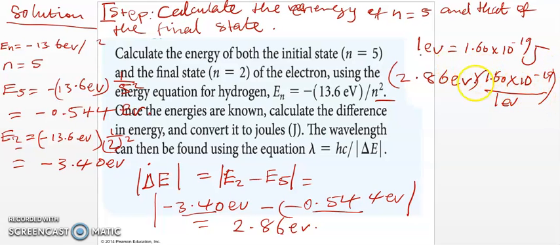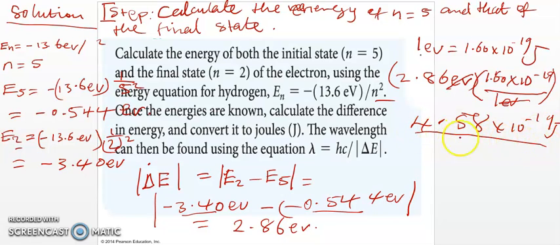Electron volt will cancel with electron volt. 2.86 multiplied by 1.60 times 10 negative 19 will give us 4.58 times 10 negative 19 joules. So now we have converted this electron volt into joules.